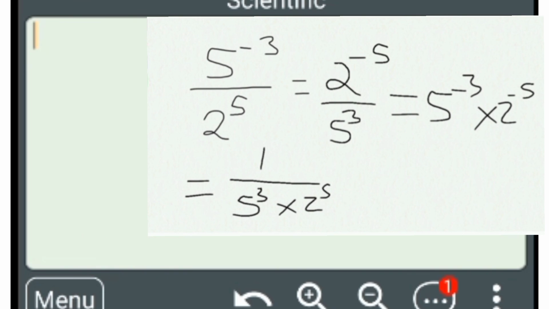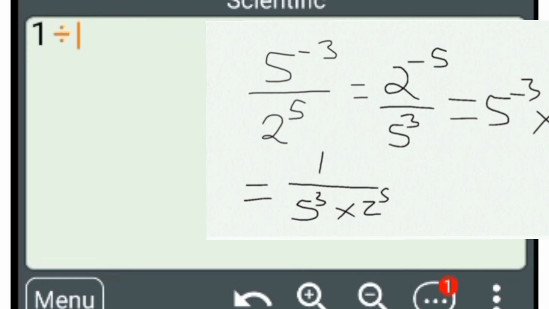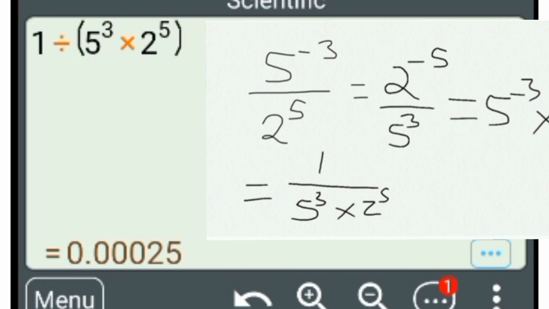What about 1 divided by, let's put this one in brackets, 5 cubed times 2 to power 5? The answer is, wow, 0.00025. We have proven this rule.